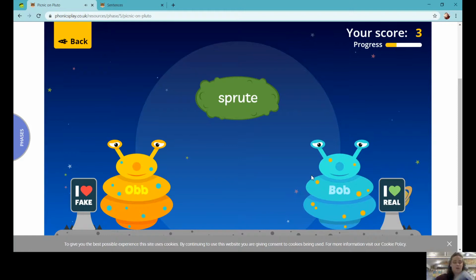Okay, reading the next word on the board, off you go. Brilliant. Spruit. Wonderful. Is spruit a real word or a nonsense word? That's right, it's a nonsense word.